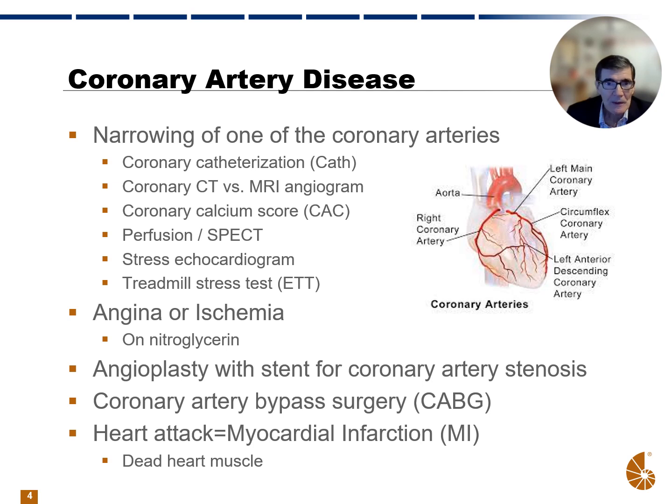We use coronary calcium scores to try to assess how much calcium is in the coronary arteries, which is a proxy for stenosis in those arteries. And then perfusion or SPECT tests to try to elucidate if there's any stenosis or poor function in a particular part of the heart that suggests ischemia.